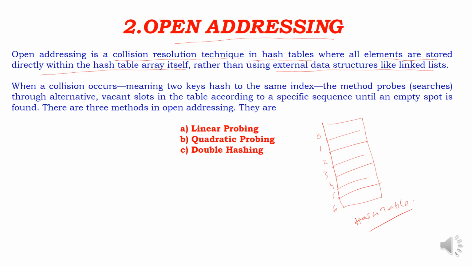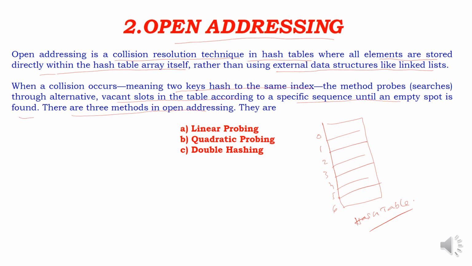Only this storage is going to be used to store values, and we are not going to create any external nodes or link any external links to the data that is there in the hash table. When a collision occurs, meaning two keys hash to the same index, the method probes through alternative vacant slots in the table according to a specific sequence until an empty spot is found.